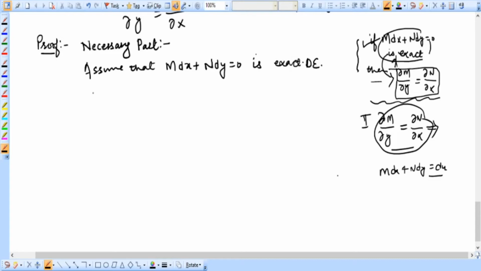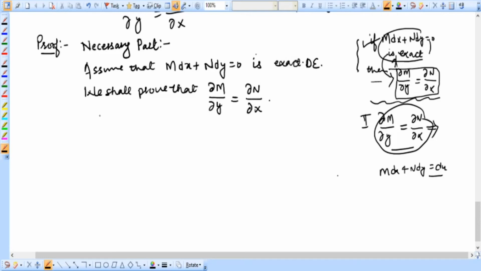And we shall prove that, क्या प्रूव करना पड़ेगा? We shall prove that ∂M/∂y is equal to ∂N/∂x, right?